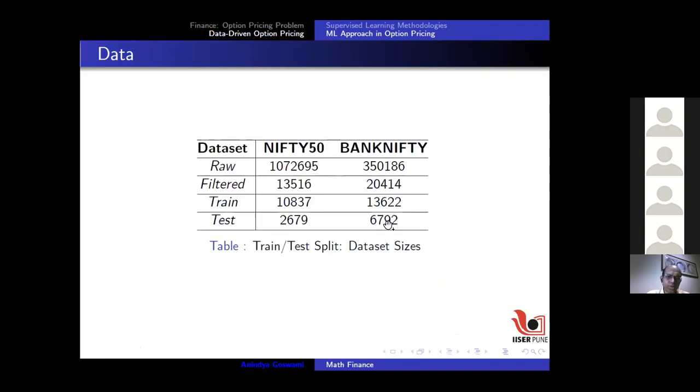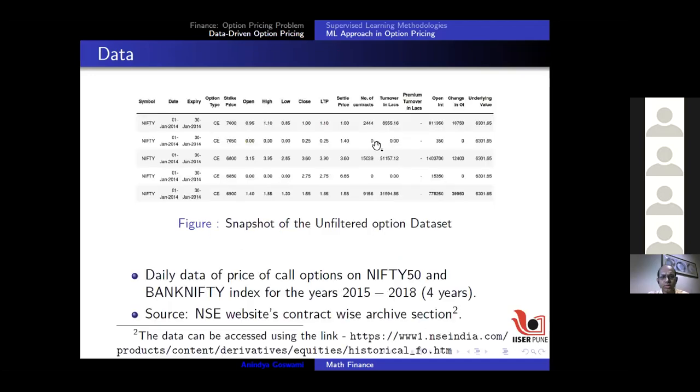So for data cleaning, from the raw data we filter out the data which are less credible. There is a very important concept in math finance called no-arbitrage pricing: the pricing should not be unfair.